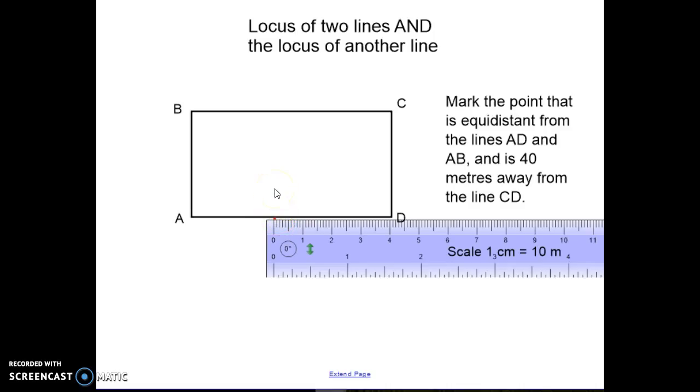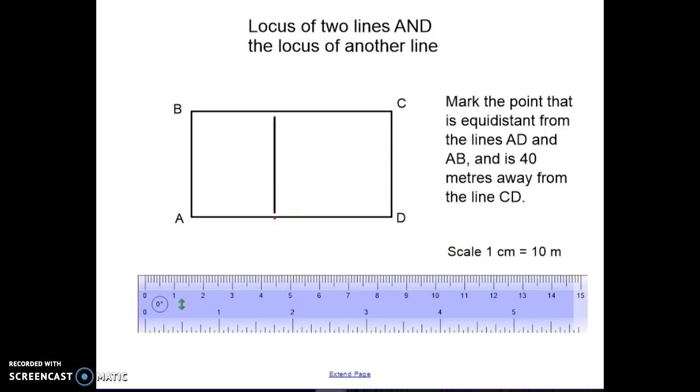So this line, well, I haven't drawn the line, I'm going to draw a vertical line up here, and that will represent the set of points 40 meters away from CD. To do this next part of the question, I need to think about what would represent the set of points that are the same distance from one line and the same distance from another line.